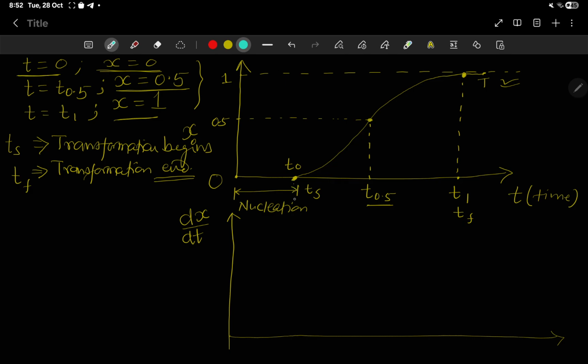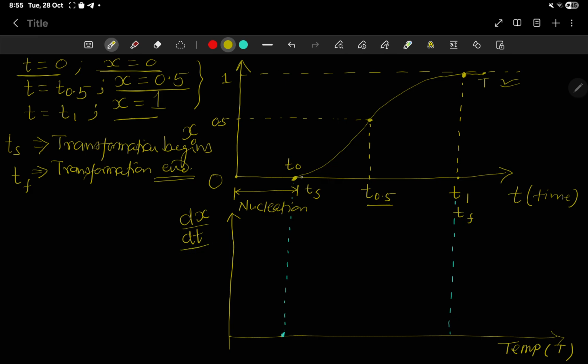Corresponding to this, we will get this point and extend this line. And here on the x-axis we will have temperature, right? So can you tell me what will be the variation of dx by dt?